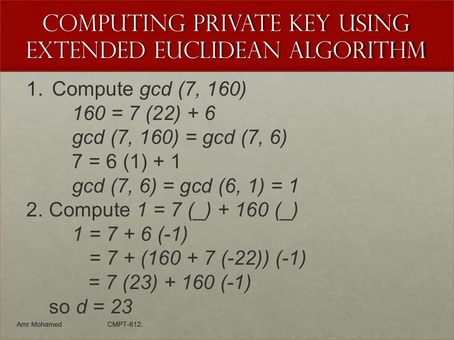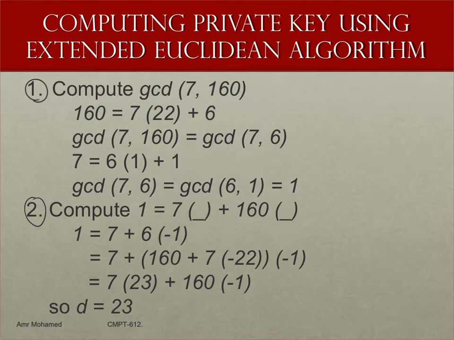So now we come to the Euclidean algorithm, which is used to calculate the greatest common divisor between any two numbers. That's number one. Number two is the extended Euclidean algorithm, which is the reverse engineering of the Euclidean algorithm, and is typically used to calculate the multiplicative inverse.